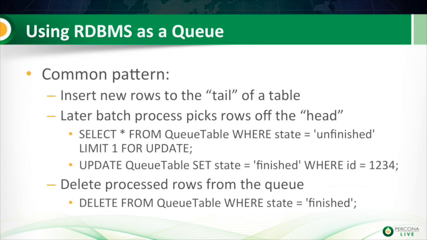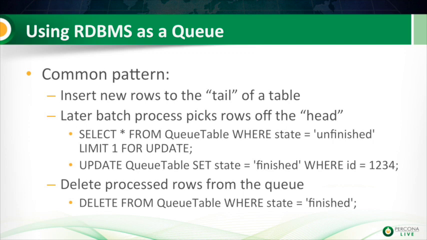Here's an example where we do a select from the queue table where state equals unfinished and pick the first one, and then do a for update to force it to be locked. Therefore, my session is going to get exclusive access to that particular row. And then we do some work in our application, and then finally set that row into a state of finished.